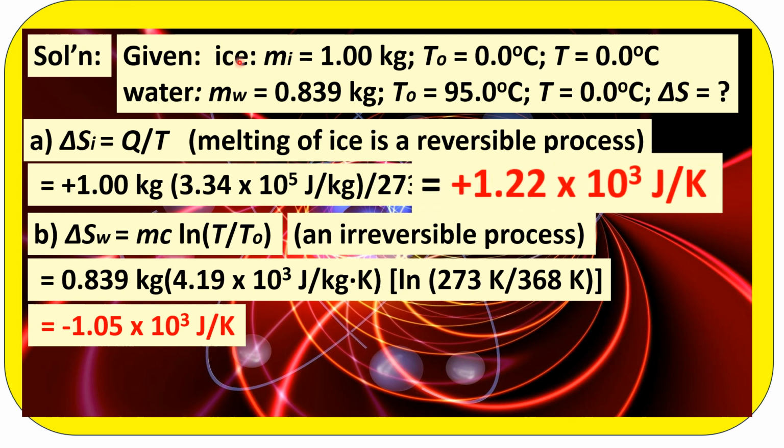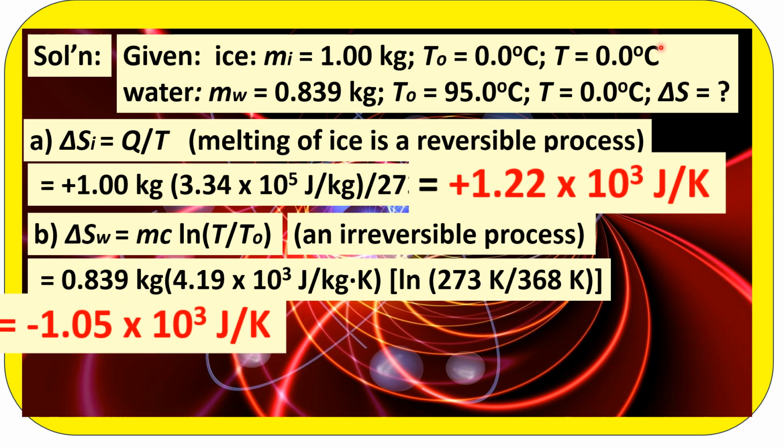And finally, moving on to the last question, letter C, which is simply asking for the net change in the entropy of the two substances, the ice and the water.